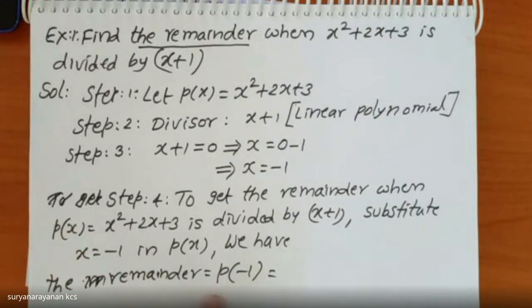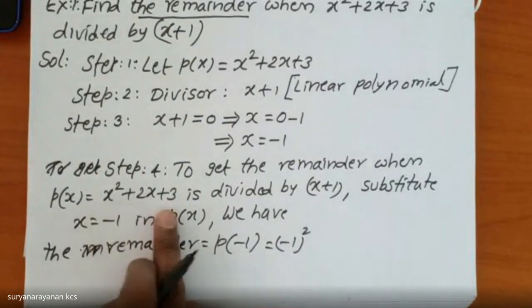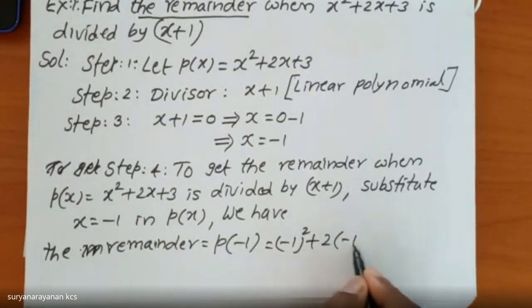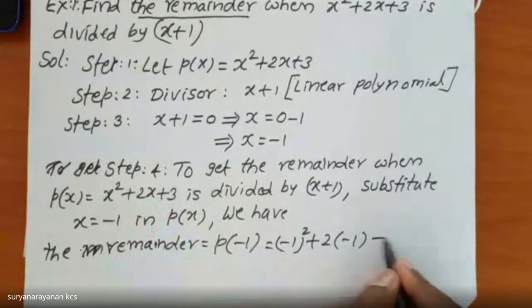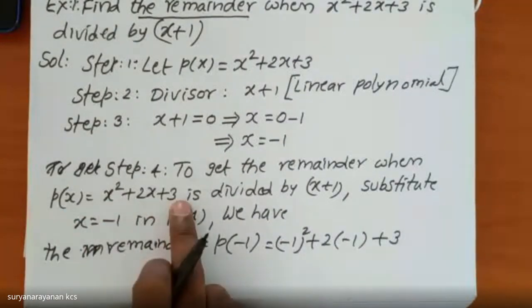P of -1 is equal to, tell me what will you get here? Substitute -1 in this polynomial. In the previous exercise, you have done that part. Yes or no? Plus 2 into -1 plus 3. In this step, I have done nothing. Just I substituted -1 in the given polynomial.